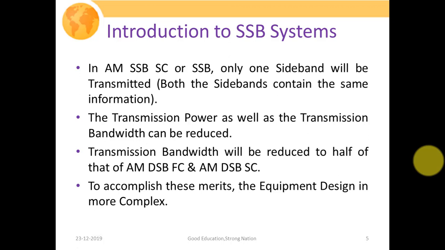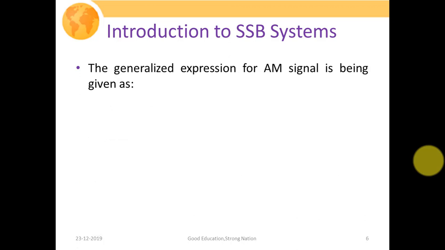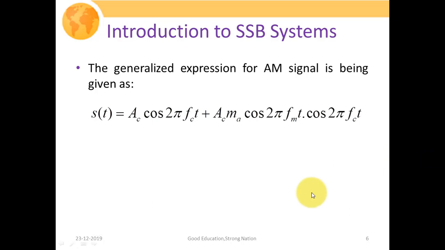To accomplish these merits, the equipment design will be more complex. Obviously, we'll have some more sophisticated filters to generate the SSB signals. The generalized expression for the AM signal is given as s(t) = Ac cos(2πfct) + Ac ma cos(2πfmt) multiplied with cos(2πfct).